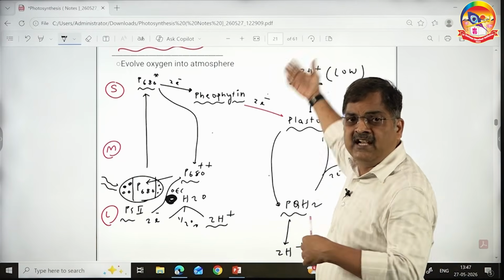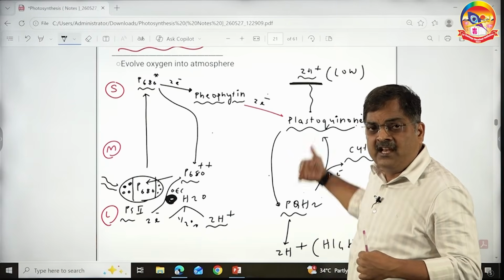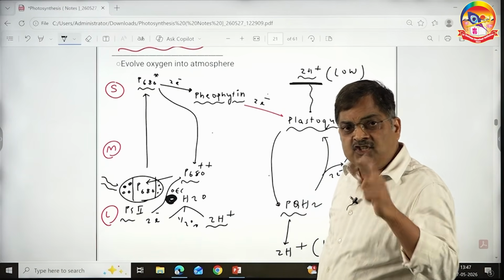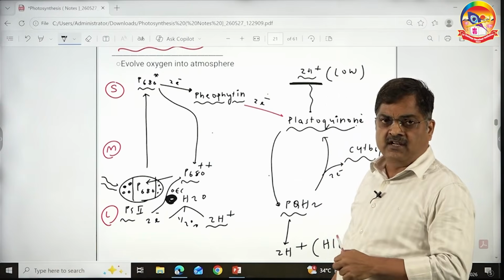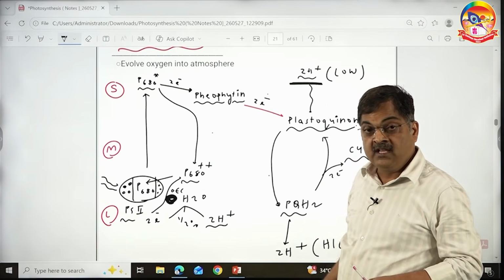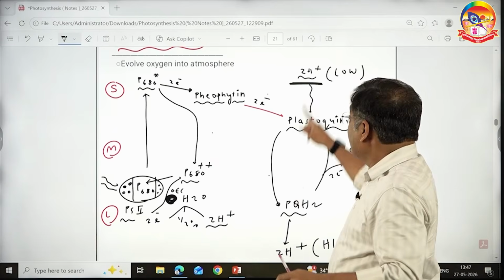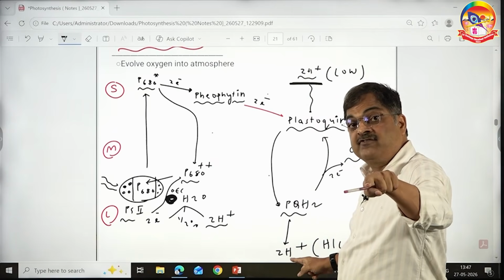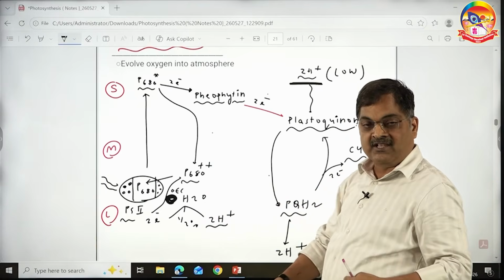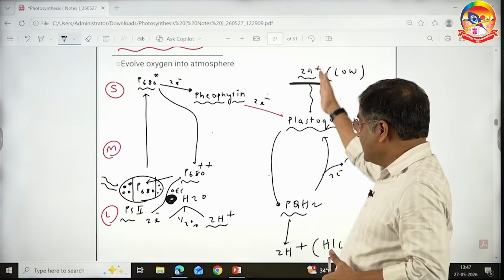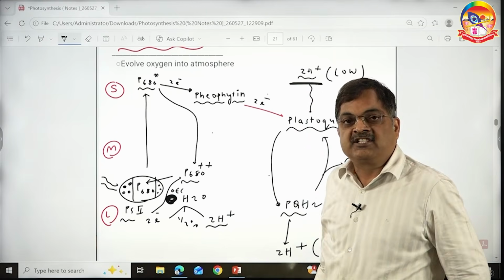So not only is there a difference in concentration, there is also an electrochemical gradient between here and here. Isn't it a charge difference? Concentration difference. Why concentration difference? Less protons, more protons. Why charge? Less positive charge, more positive charge, and protons have to move to an area of more positive charge. Protons are also positively charged. That is the reason this movement is said to be active.